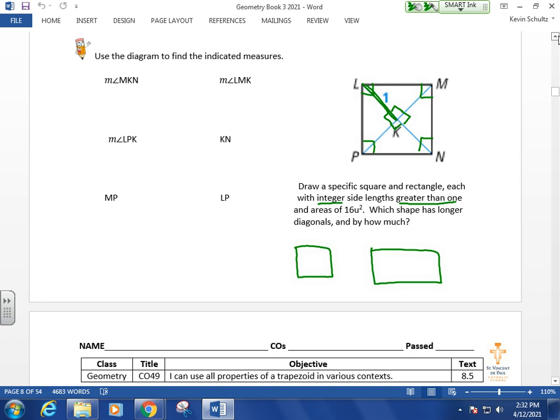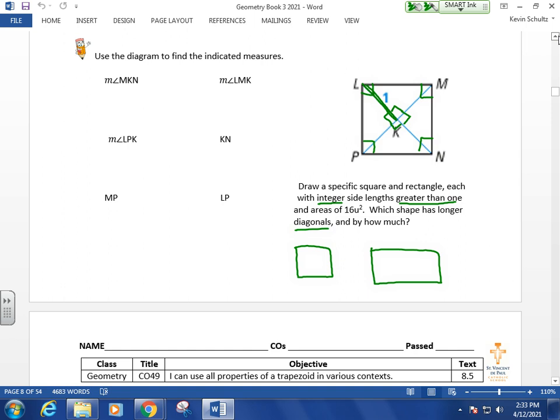Once you get that, ultimately, I'm asking which shape has the longer diagonals and by how much? You'll need to use some sine, cosine, tangent, or special right triangle knowledge here to answer that question. Okay? Any questions on your homework? This will be due when we meet live again, which will be next Monday, so you've got ample time to do it, but please do it.